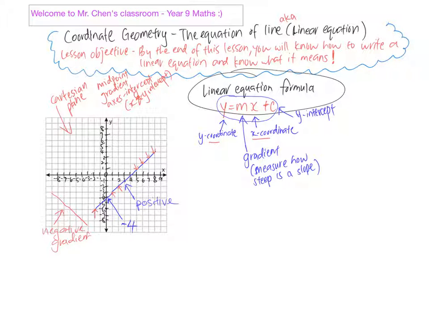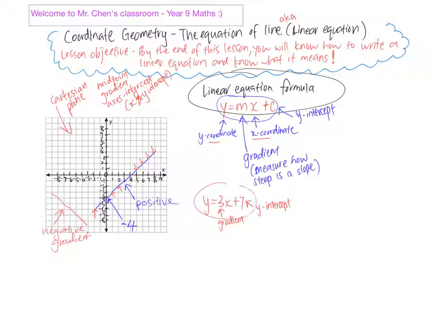We have y equals 3x plus 7. From there you can straight away tell that the gradient is 3 and the y-intercept is 7. What that means is this linear equation connects the x and y coordinates of every point on a straight line.